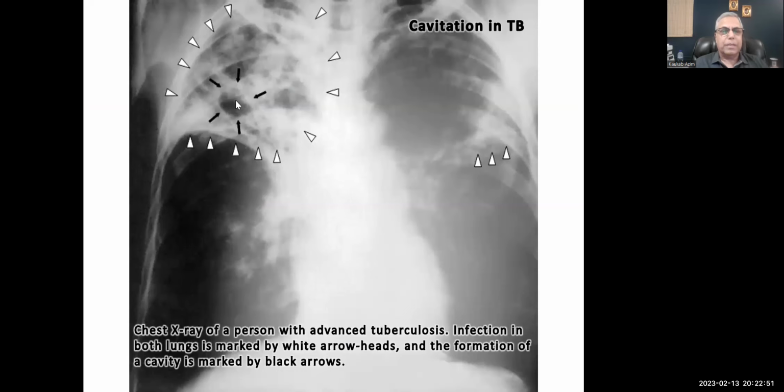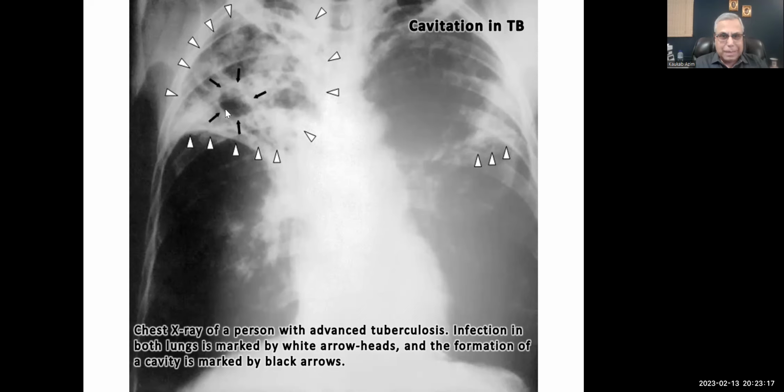And this is what happens clinically. This is a very advanced case of tuberculosis, a serious case, and you see this in between. This is known as cavitation in tuberculosis. There is some consolidation over here as well. So this is a chest X-ray of a person with advanced tuberculosis, infection in both lungs is marked by white arrowheads, and the formation of a cavity is marked by black.